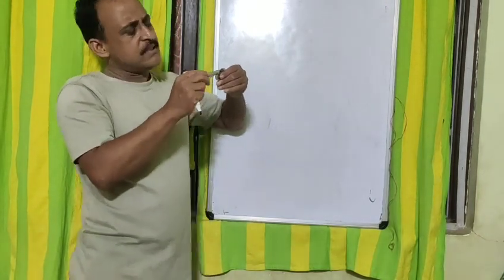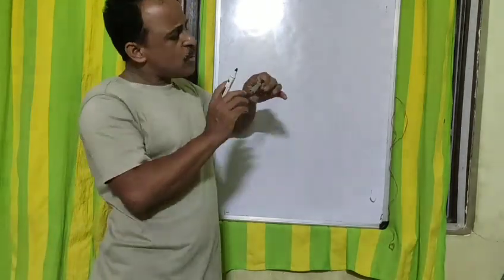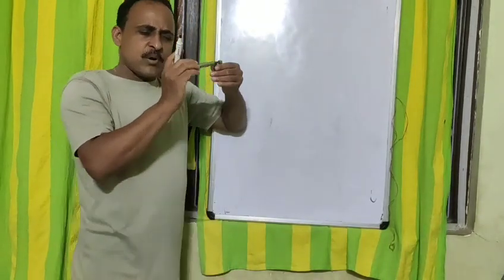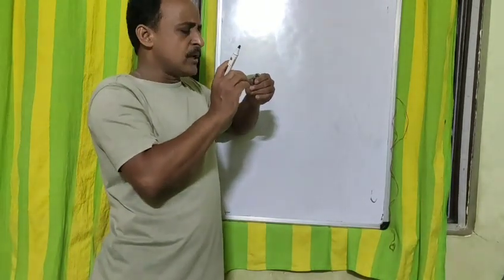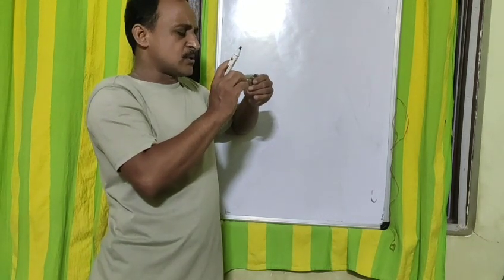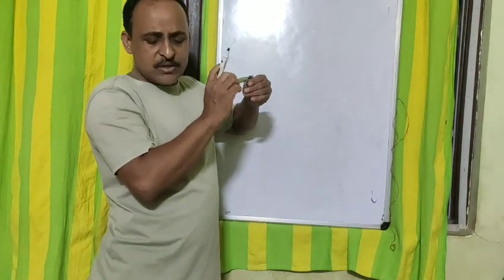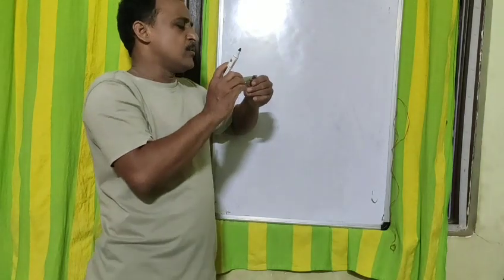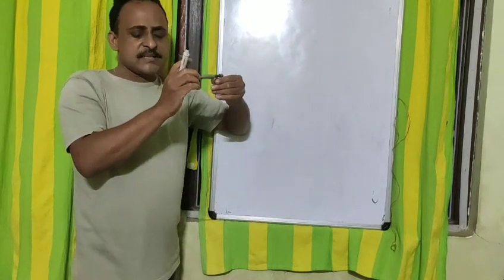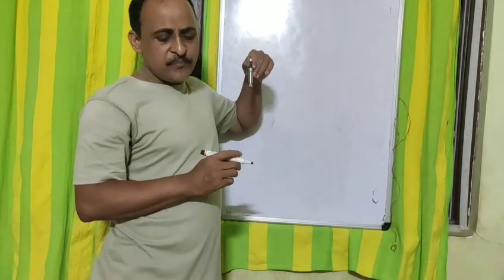This is known as backlash error. How do we avoid it? To avoid backlash error, we always rotate the screw in one direction only.